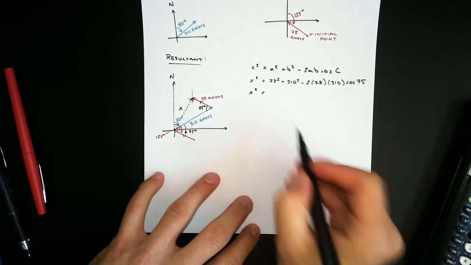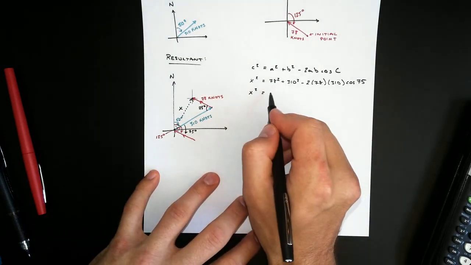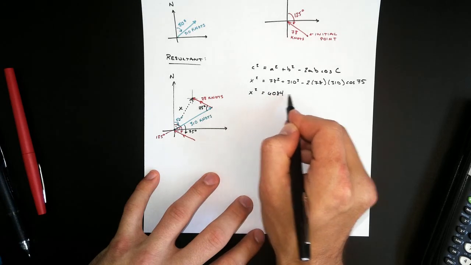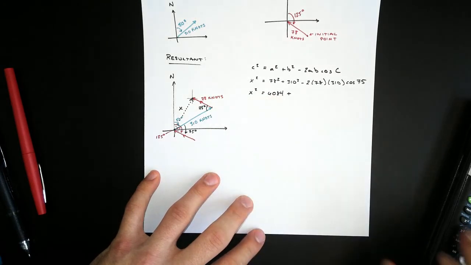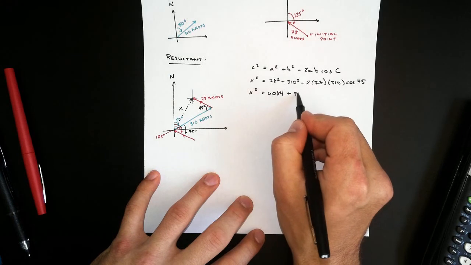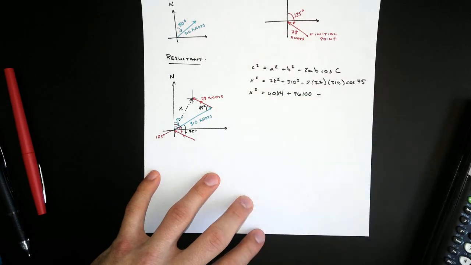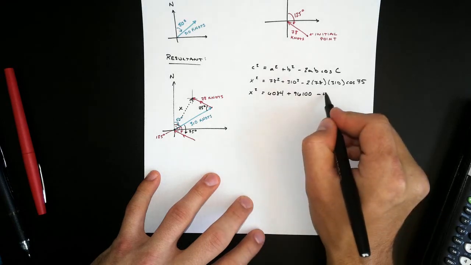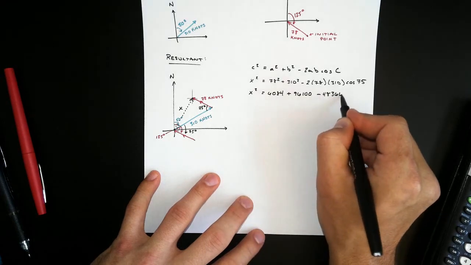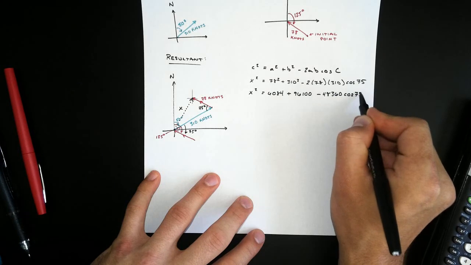So let's do a little bit of simplifying. 78 squared, 6,084. 310 squared, 96,100. 2 times 78 times 310, 48,360 times the cosine of 75.